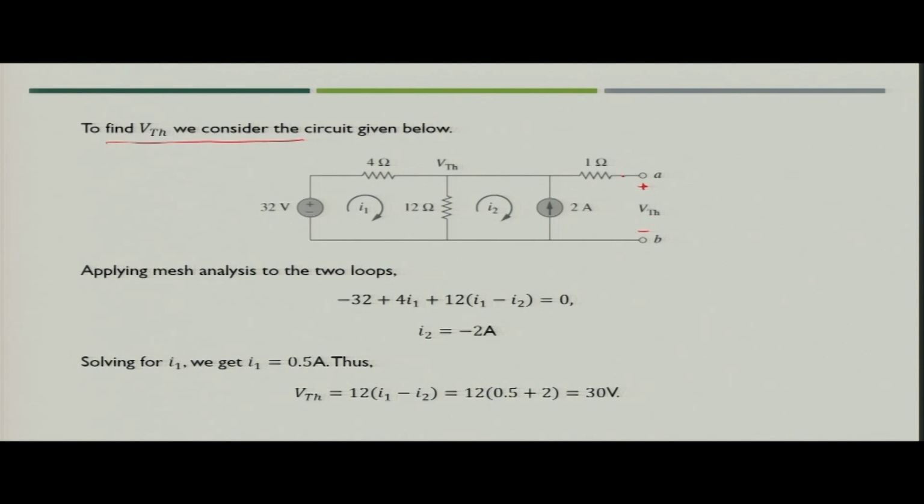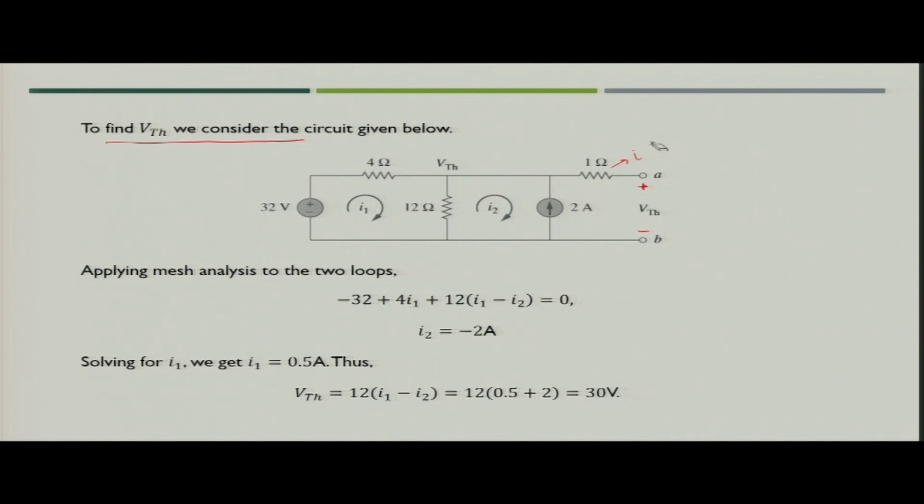The important thing to see from this circuit is that there would be no current flowing through this particular resistance, because the terminal AB is open circuited.